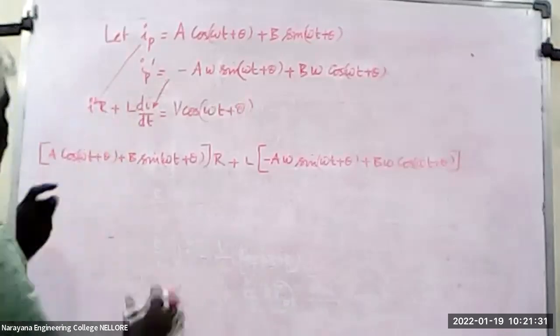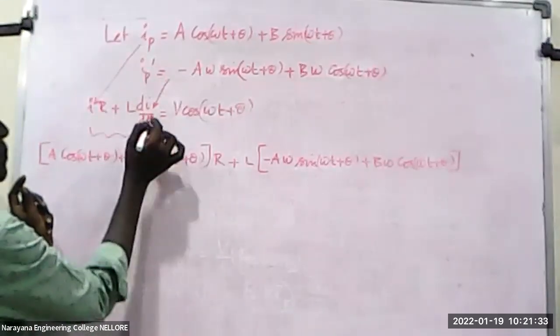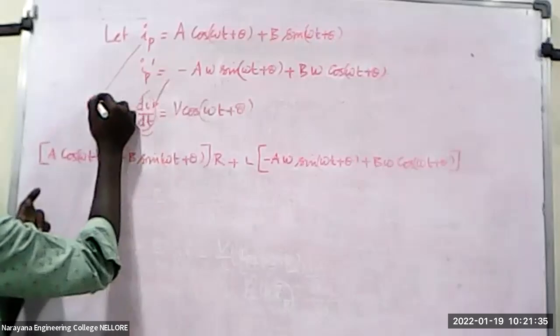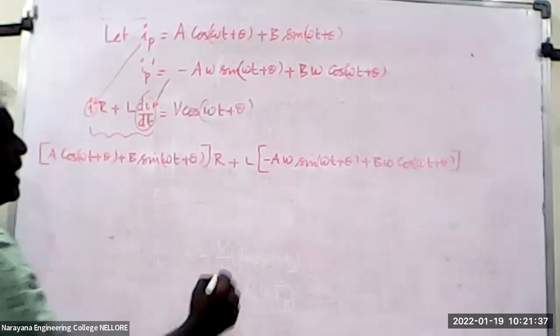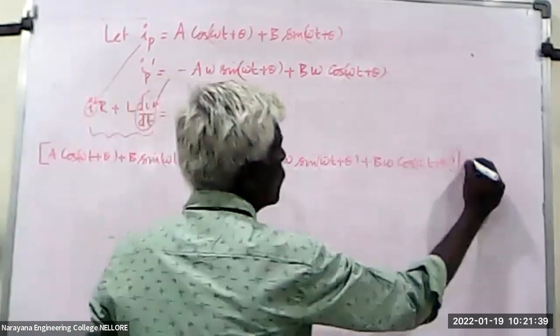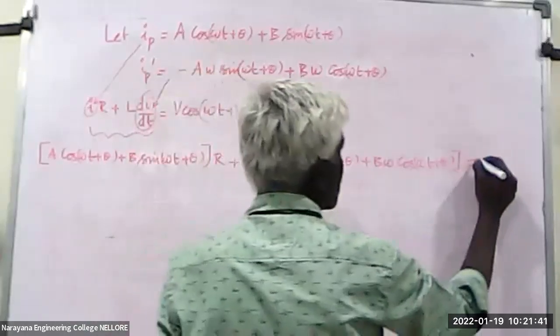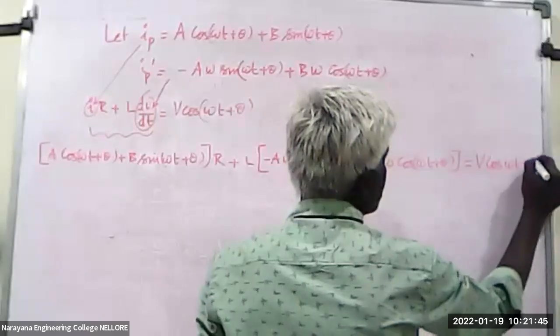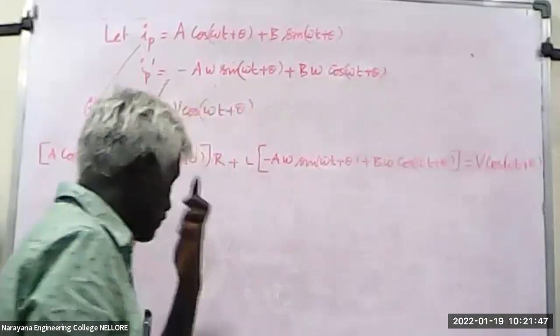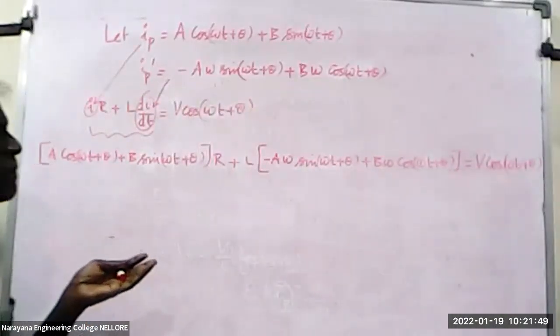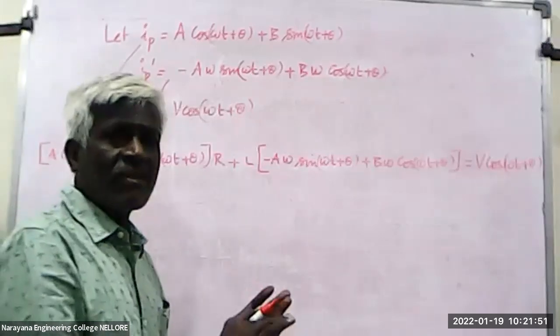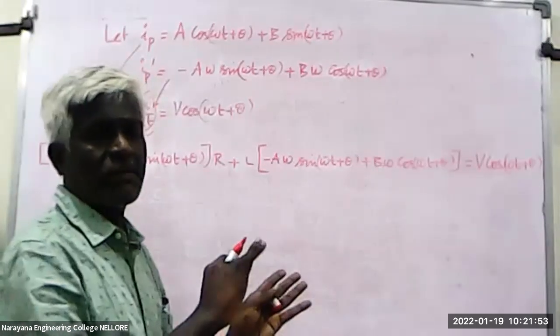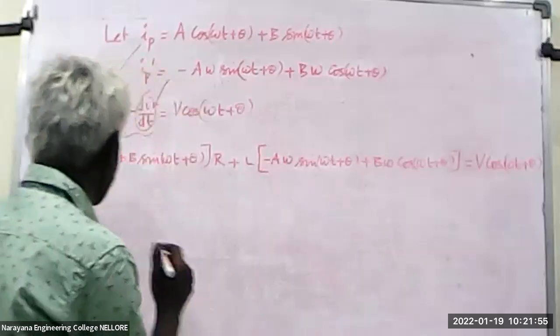So what did we complete? We completed only this portion. We substituted this and this, and then this should be equated to what? V cos(ωt + θ). Now we compare the coefficients of sin(ωt + θ) and cos(ωt + θ) on either side.